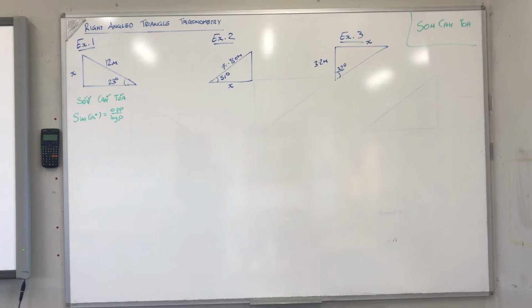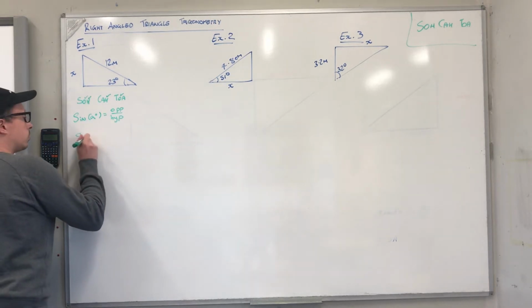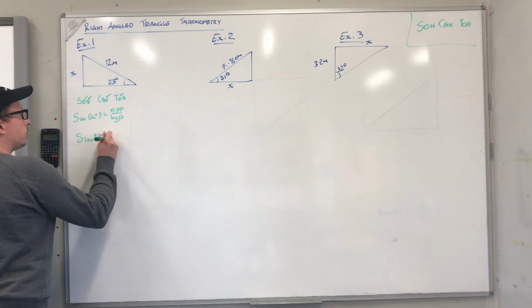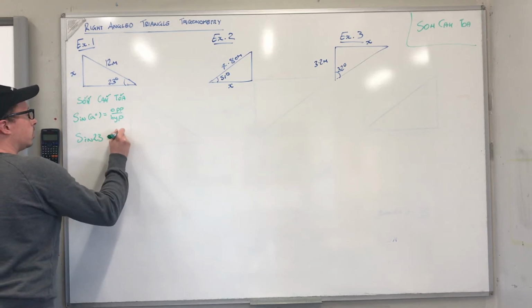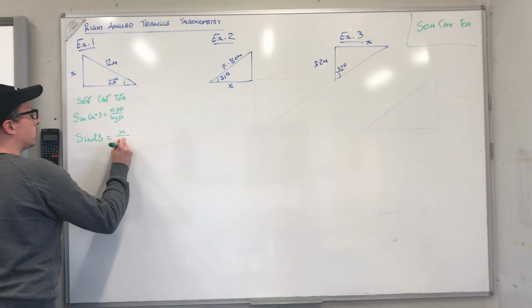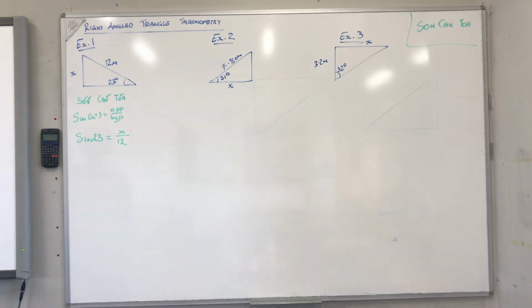Okay, so let's substitute in what we know. We know the angle is 23, we know the opposite is x, and we know the hypotenuse is 12. So we get sine of 23 equals x over 12.